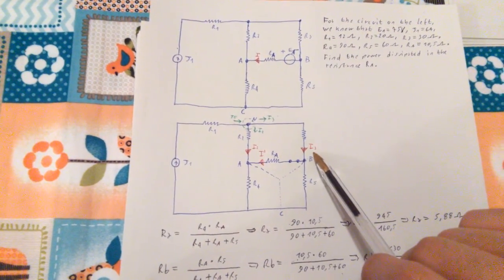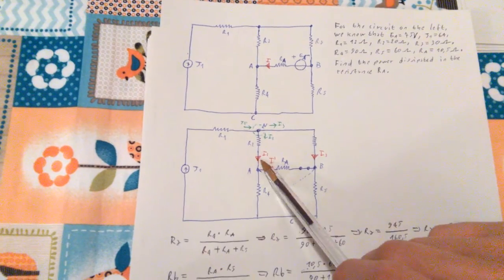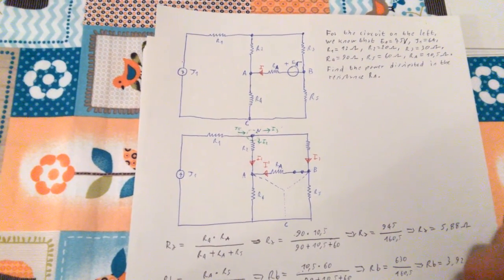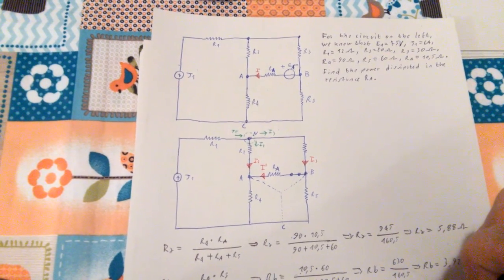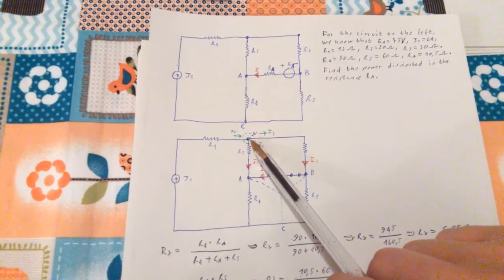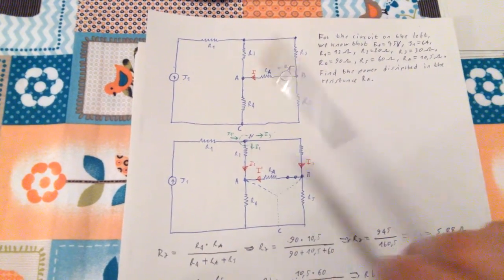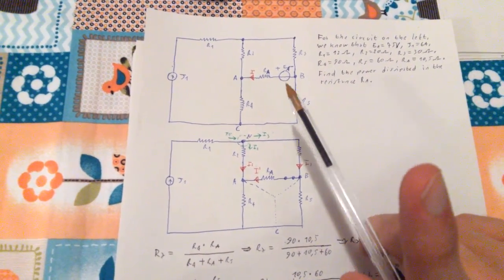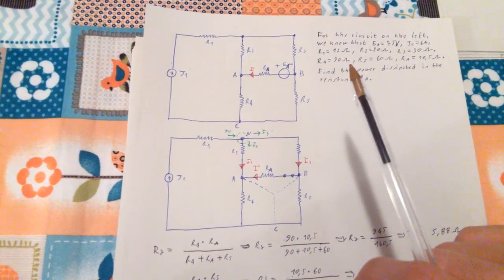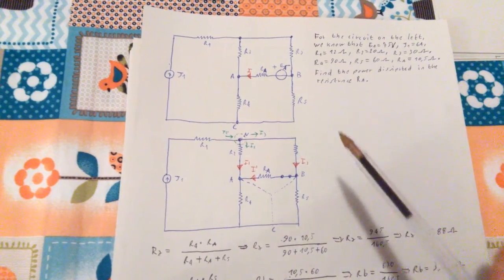Now we have I3 and we have I2. We have been using the Kirchhoff current law, but you can see that this is actually a closed loop.